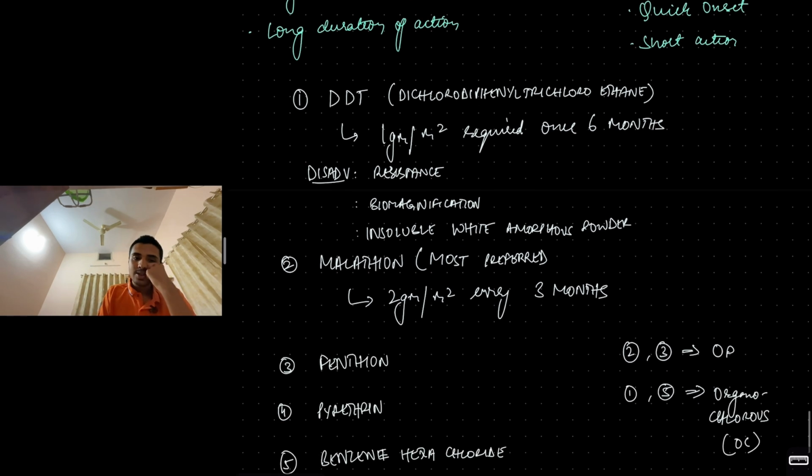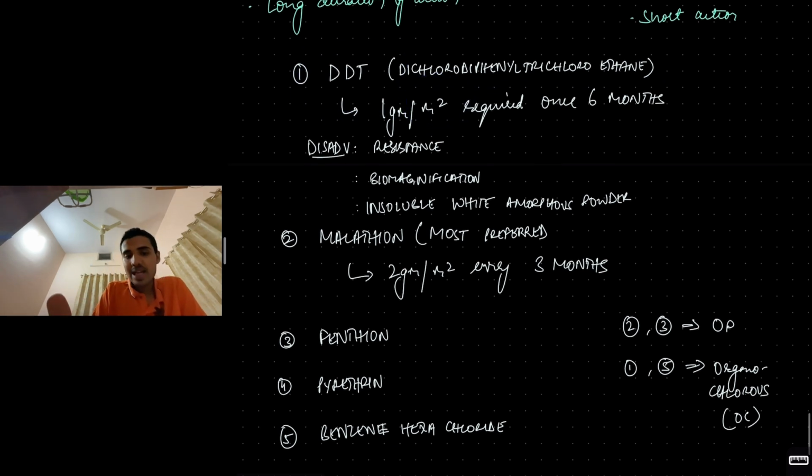In olden days, DDT, dichloro diphenyl trichloroethane, was heavily used. 1 gram of DDT has to be sprayed per square meter of area, and because it has residual action, even 6 months once, if you do residual spraying of DDT, is more than enough.